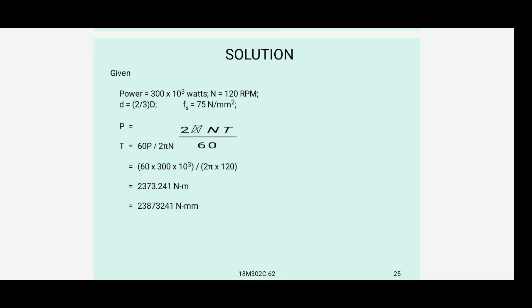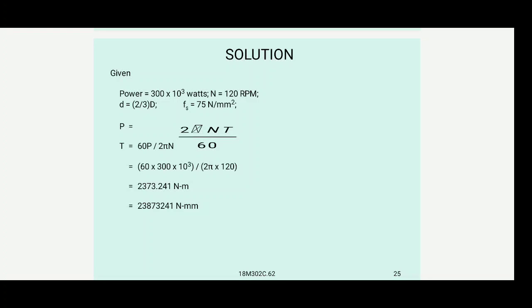Given data: power is equal to 300 into 10 to the power of 3 watts. Speed N is equal to 120 rpm. Small d is equal to 2 by 3 into capital D. Fs is equal to 75 Newton per mm square.